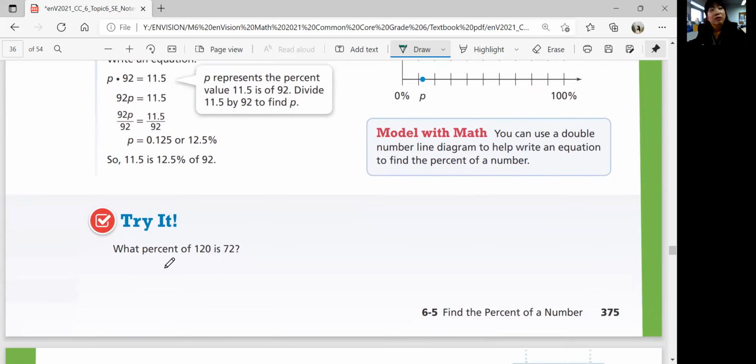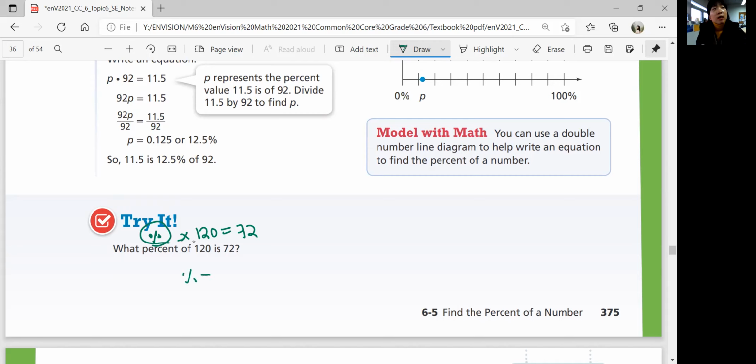The last try it. What percent of 120 is 72? "What percent of" means multiply, "is" means equals. So literally convert your words into math symbols and you can solve that. Percent is what we're trying to get, right?